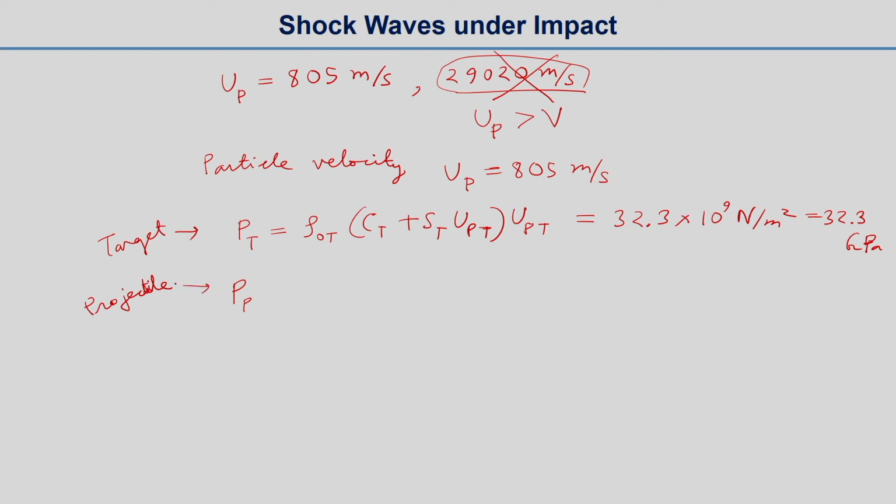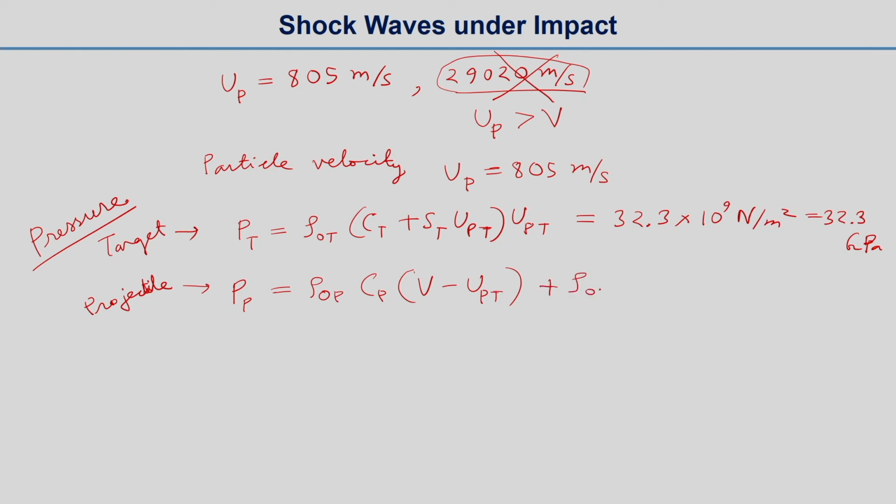So these are both pressure. So rho naught P for projectile, CP, V minus UPT, this will be for target UPT, not for projectile.